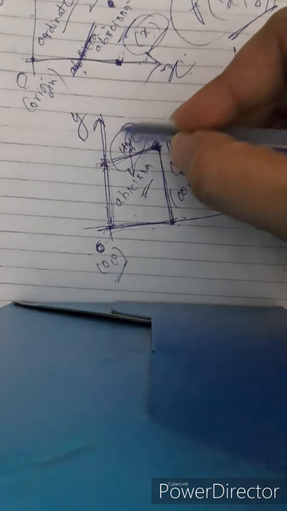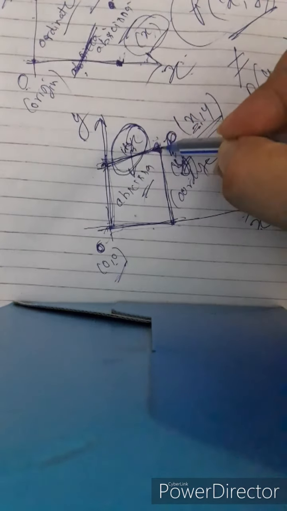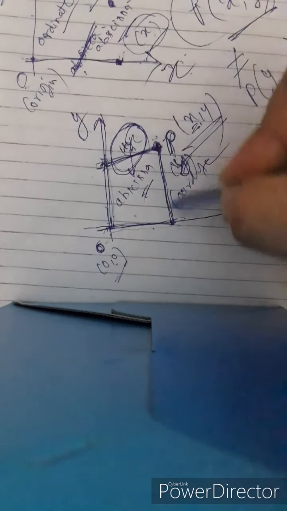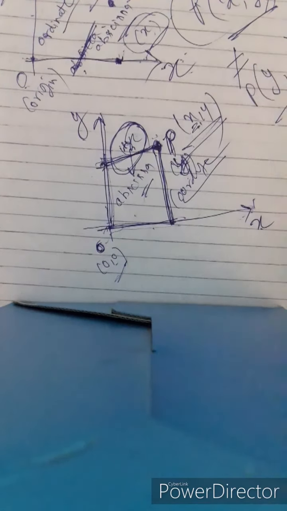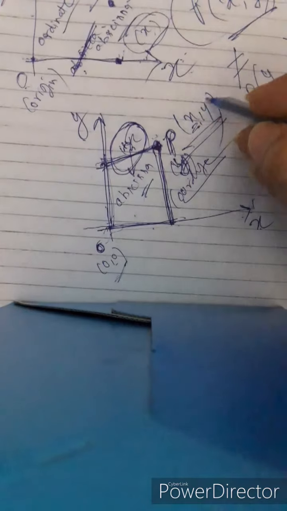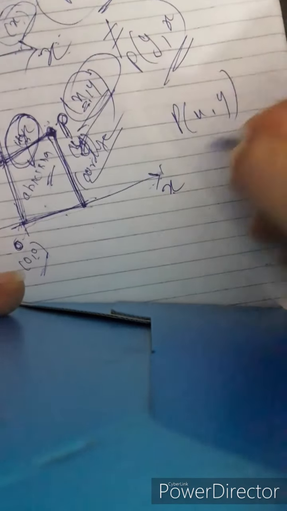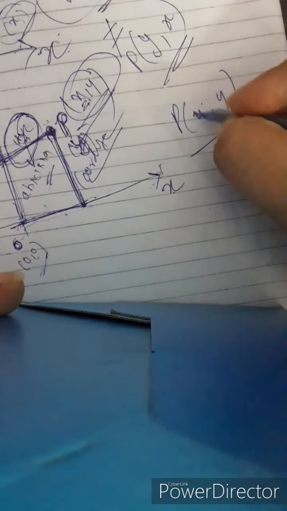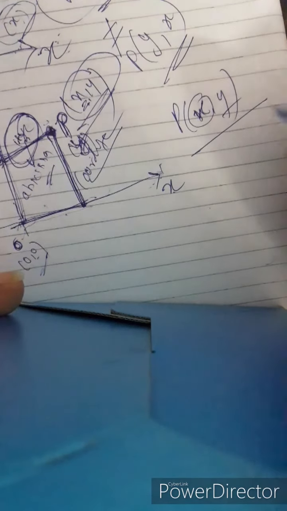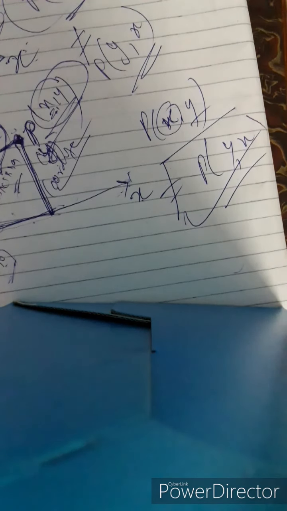So this is the abscissa, that is x, and this is the ordinate, that is y. So the point becomes x, y. Also remember, this P(x, y), where x is abscissa and y is ordinate, is not equal to P(y, x). P(y, x) is altogether a different point which lies in a different quadrant with regard to the axis.